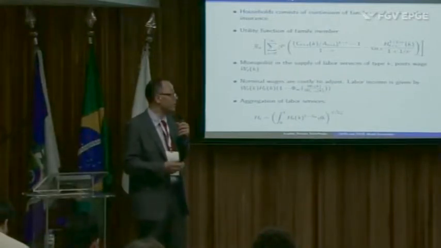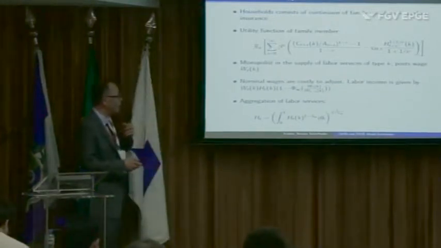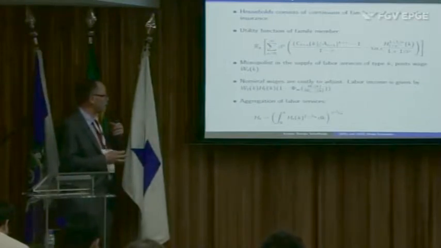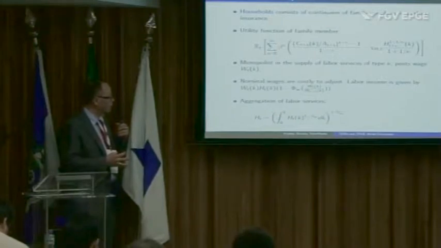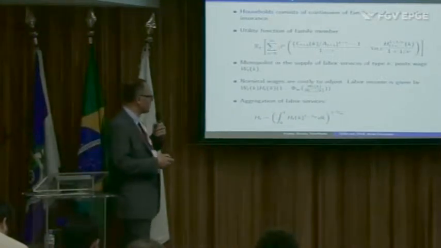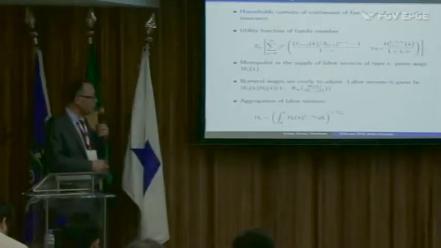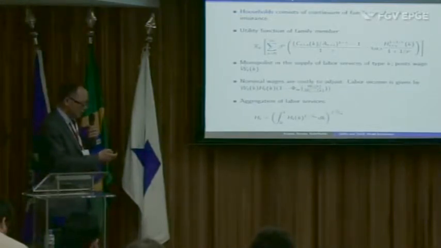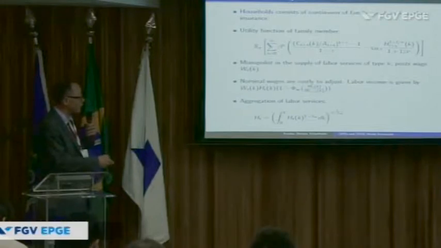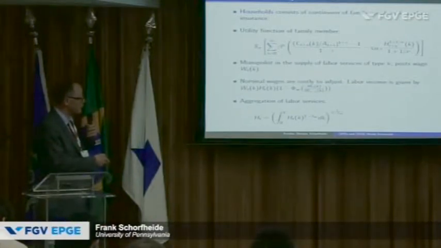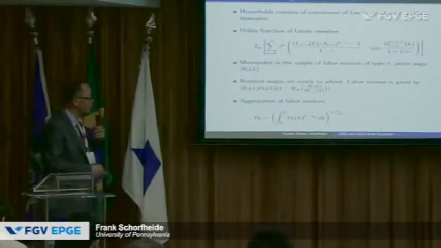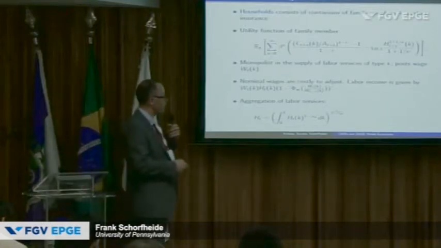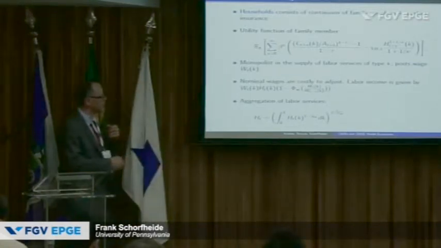They provide differentiated labor services, and each of these households or workers are monopolists with respect to the labor service that they're providing, and they have this cost to adjust their wages, which again is asymmetric.